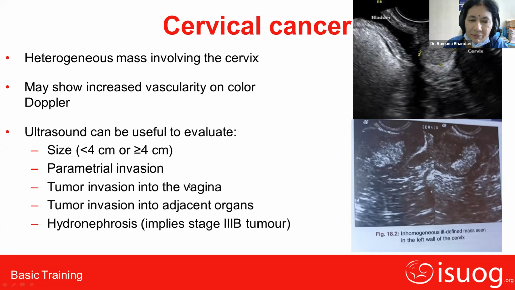The tumor may be invaded into the vagina, into adjacent organs like urinary bladder or rectum. And in cases of staging more than 3B, we can also find by transabdominal scan hydronephrosis of kidneys. There may be para-aortic lymphadenopathy, pelvic lymphadenopathy, or even metastasis in the liver.